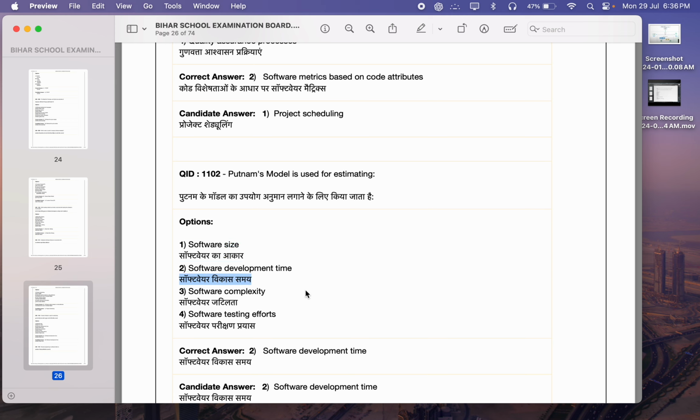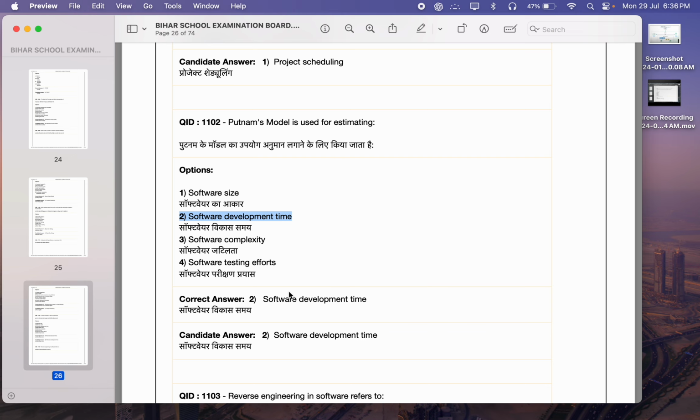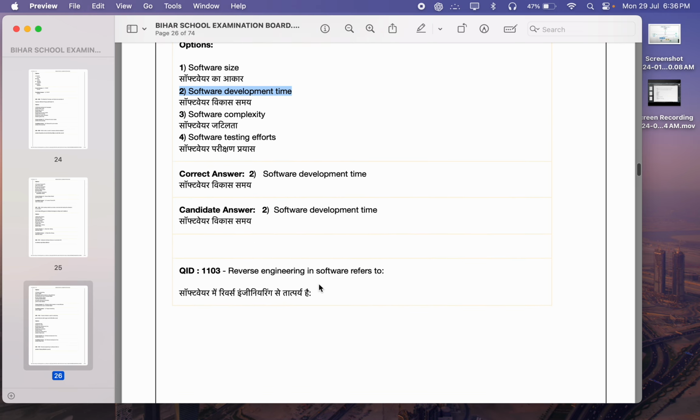Software complexity also matters, but not really. I mean, can be. Software testing efforts. But why will some kind of a model want to understand how much effort it takes to test your software? So it can be two and three, and I chose software development time as the answer. What about it?